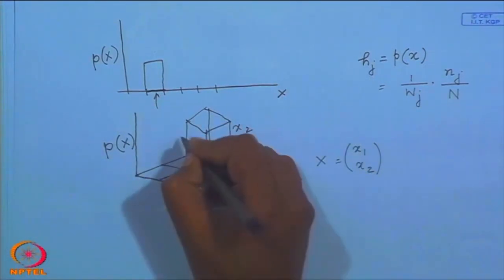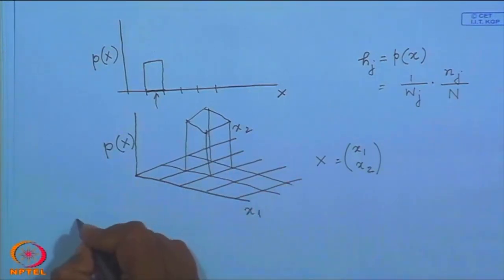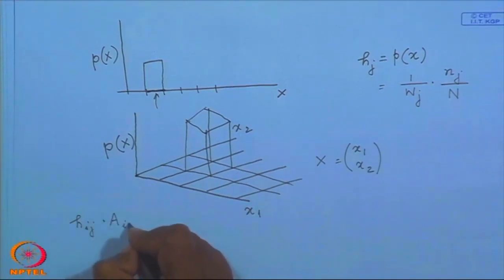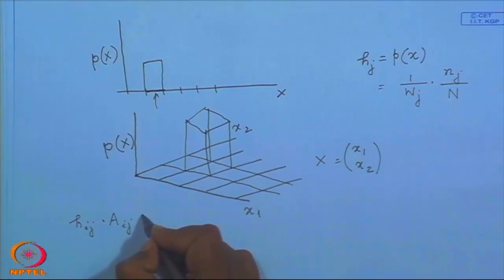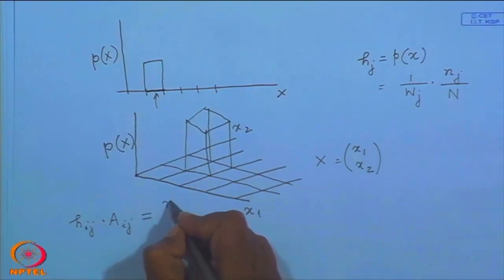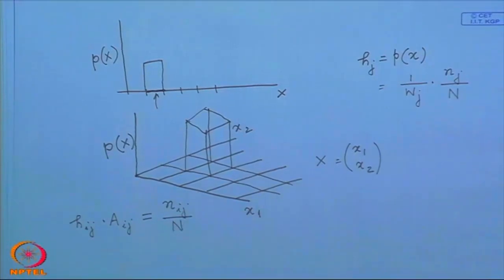The volume is given by, if this bin is the ijth bin, h i j times a i j, where a i j is the area of this bin, and we said that this has to be equal to n i j upon capital N, where n i j is the number of samples which fall under this ijth bin, and capital N is the total number of samples.